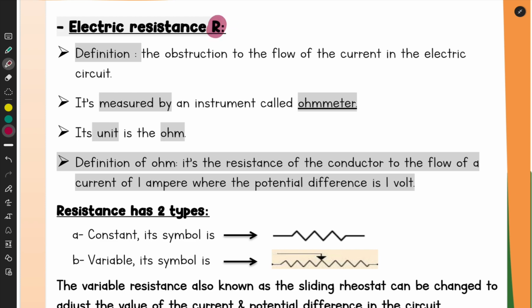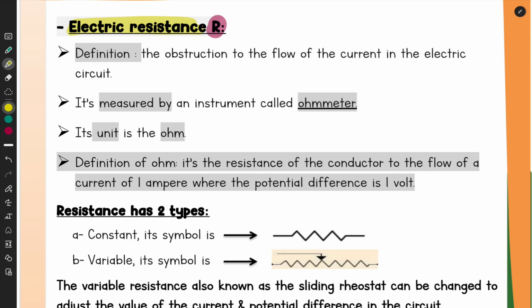The electric resistance is symbolized by the letter R. The electric resistance has a definition, of course. It is the obstruction to the flow of the electric current.